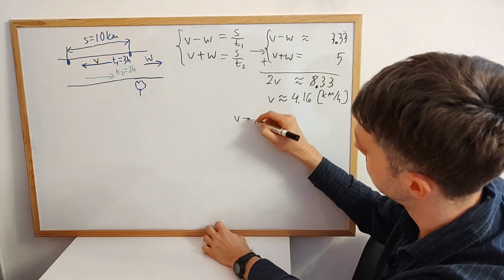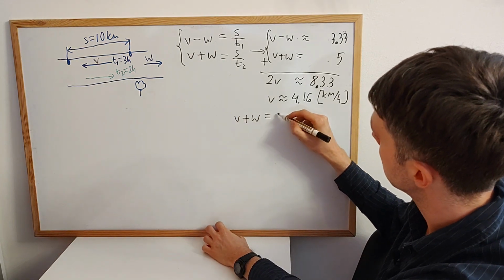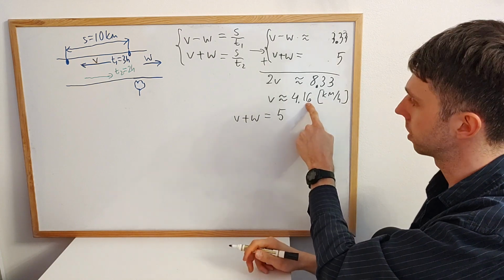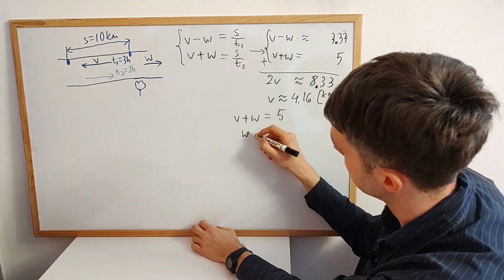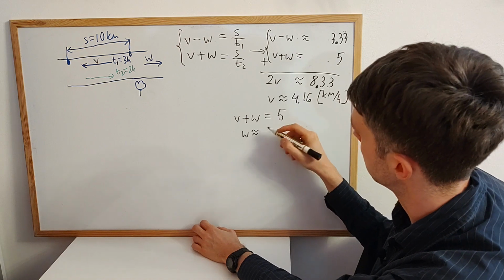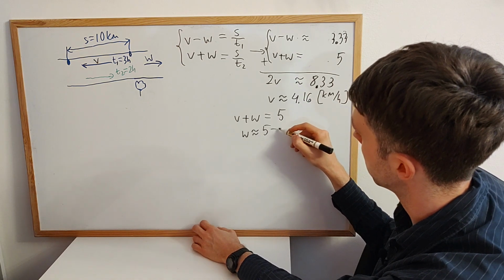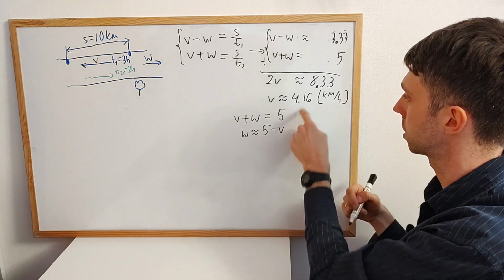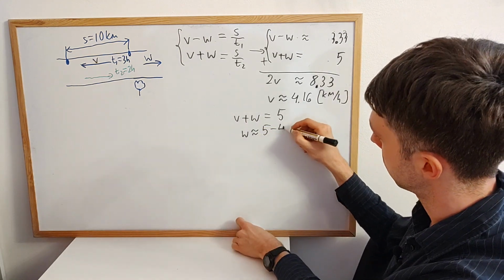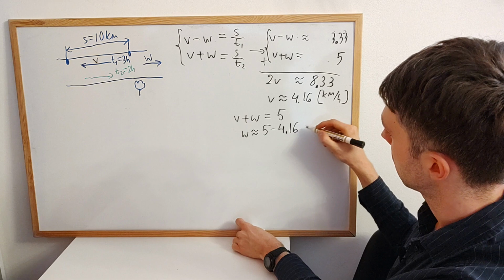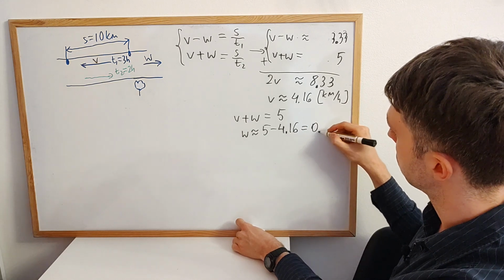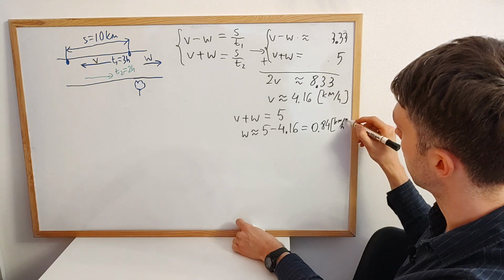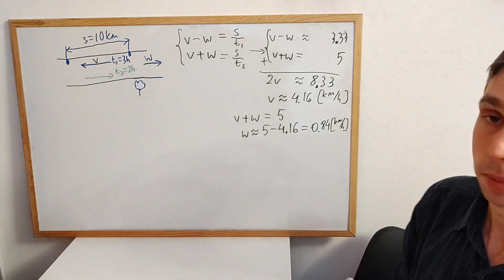So you have v plus w equals 5, and you know v is 4.16, so w is approximately 5 minus v, so 5 minus 4.16, so it's 0.84 kilometers per hour. That's all about this.